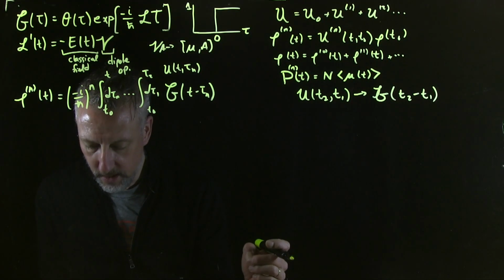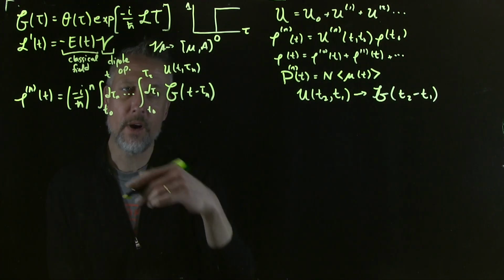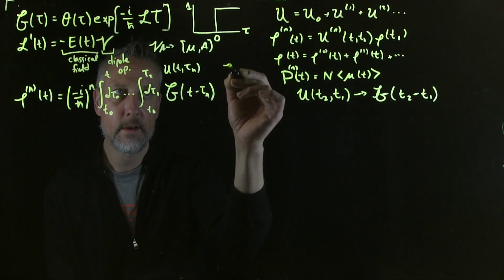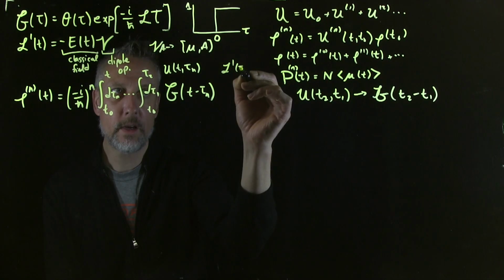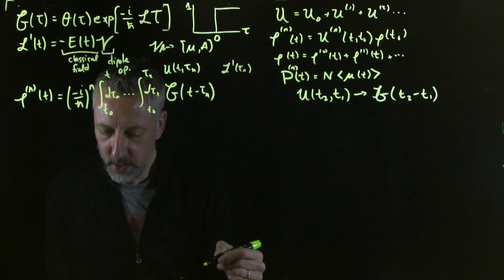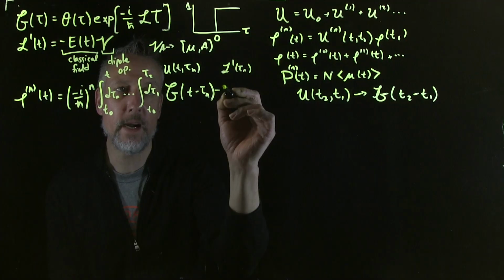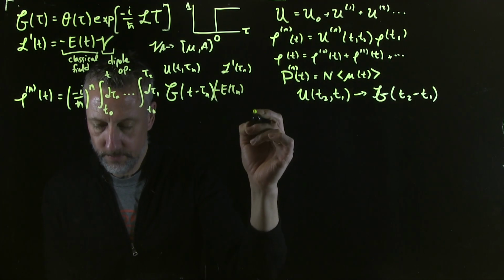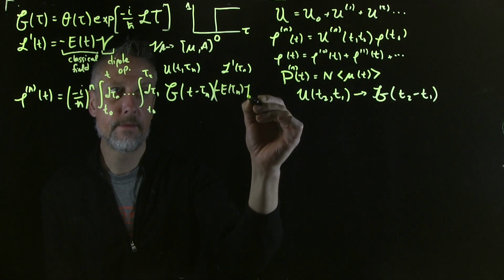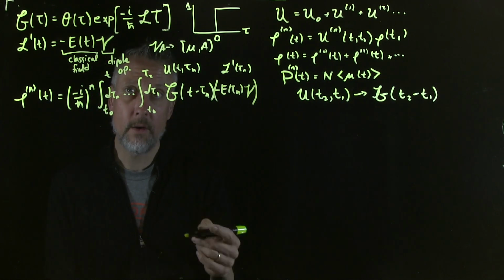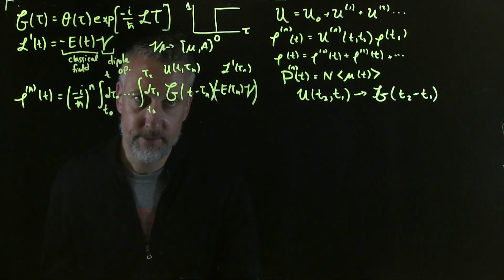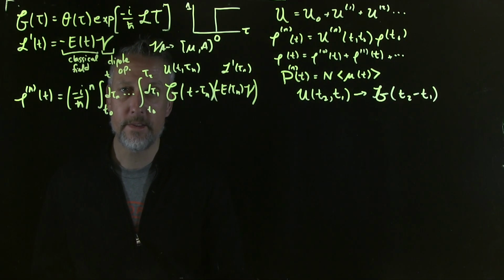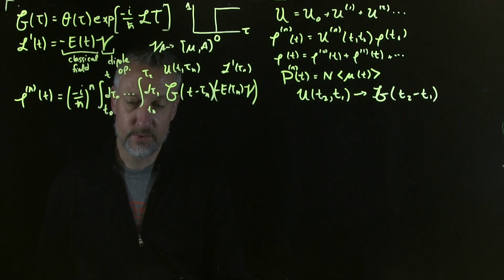Then we have the Hamiltonian, or the L primed, right? Because L primed is going to come here at the location and time of tau n. So we're just going to put in what it is at that point. So it's minus e of tau n times v. Now, the v is the dipole moment operator. The dipole moment operator is not itself time dependent. We're not presuming that there's some time dependence to the actual meaning of a dipole moment, right?